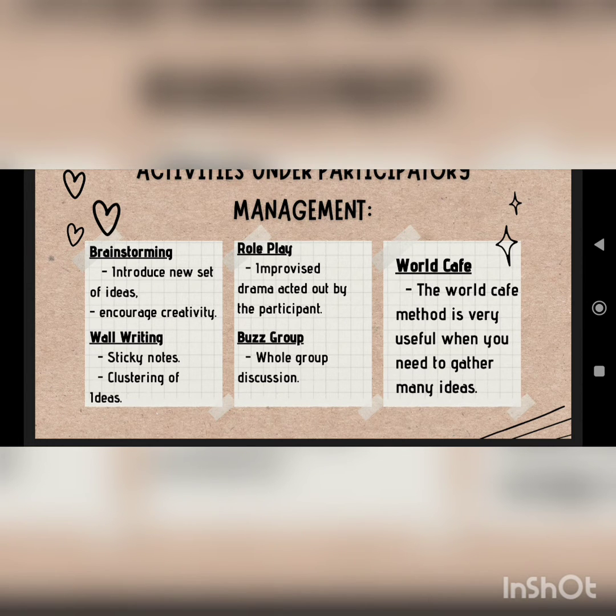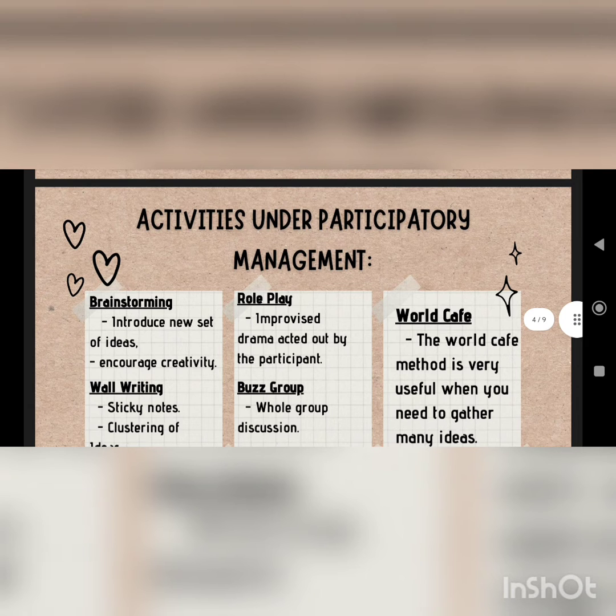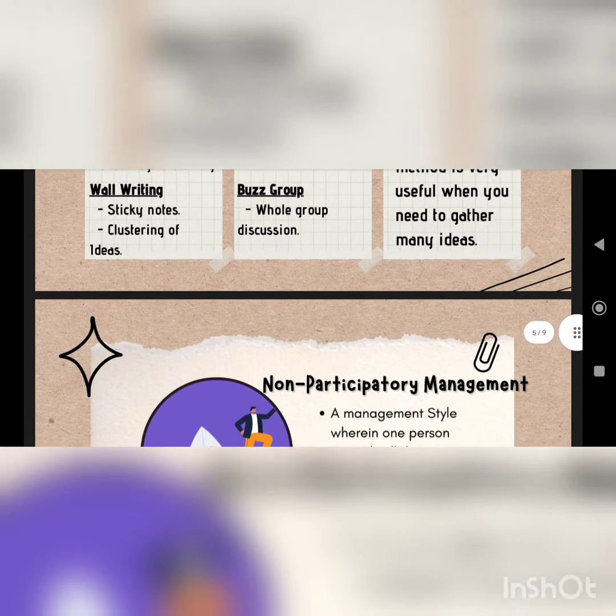Also, it is a big help for students to understand the social, historical, or cultural forces that shape a particular context and to empower them to take action and make decisions in order to gain control over their lives in the context. Are we clear in the participatory management class? All right, thank you.